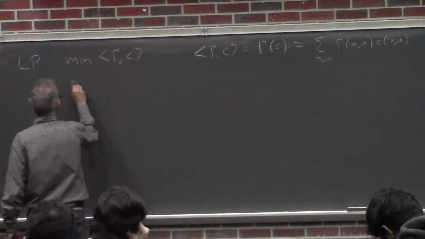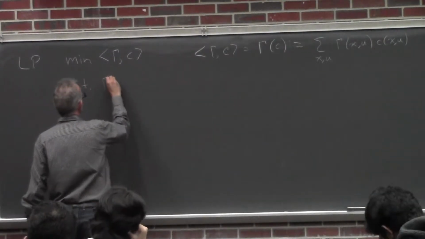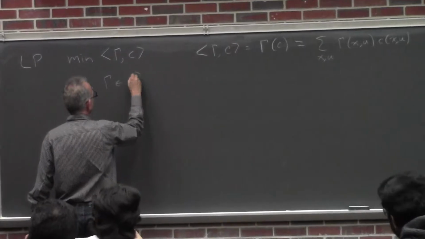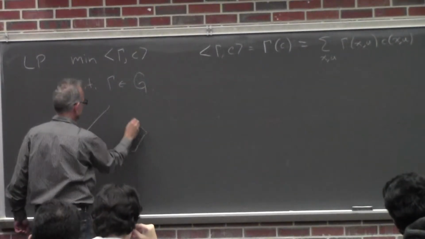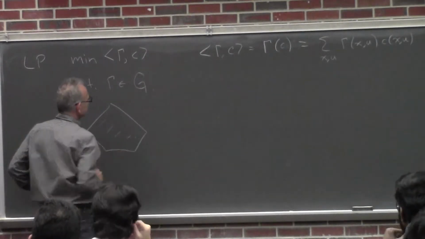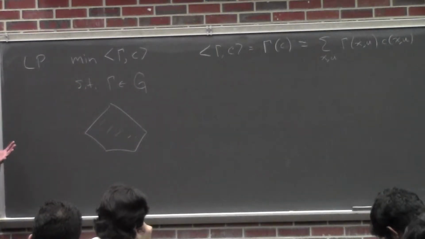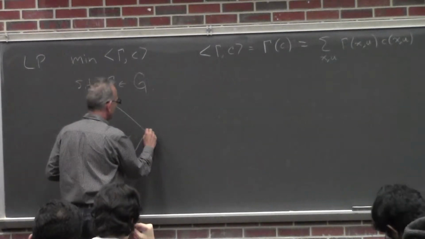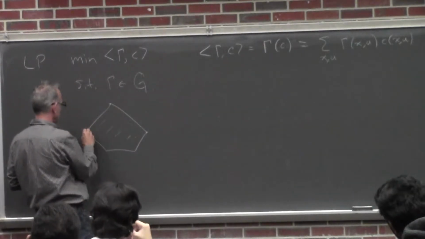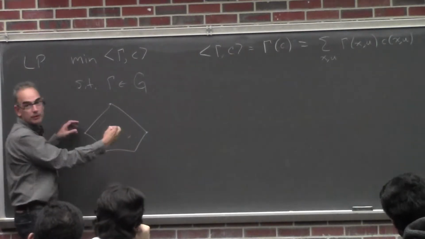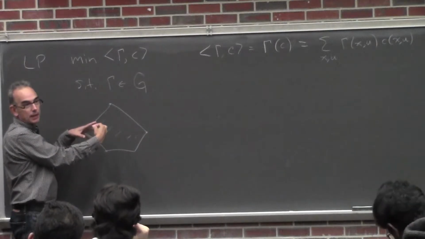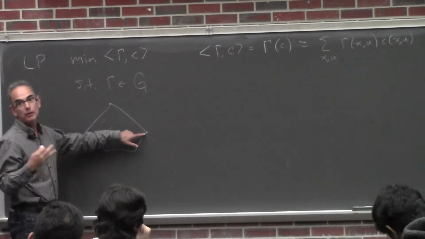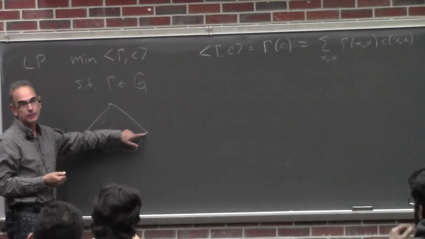But subject to, I'm not going to say what it is again, gamma is in some script set G. And G is a polyhedron, okay? And it turns out this is a beautiful fact, the corners of this polyhedron. A polyhedron is the convex hull of a bunch of points, the extreme points. And these extreme points correspond to deterministic policies.